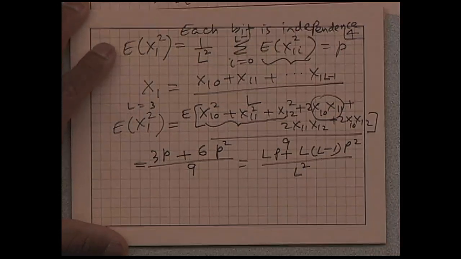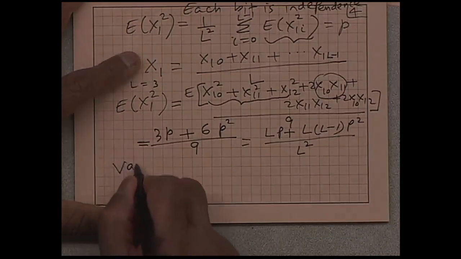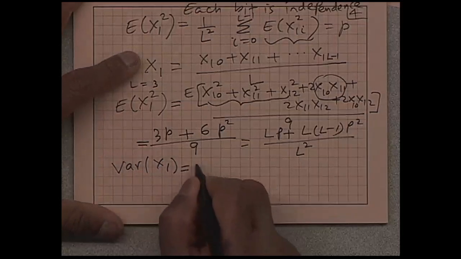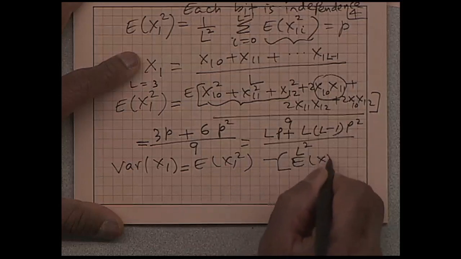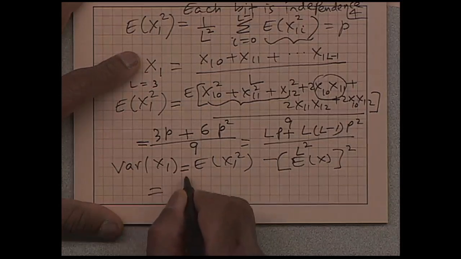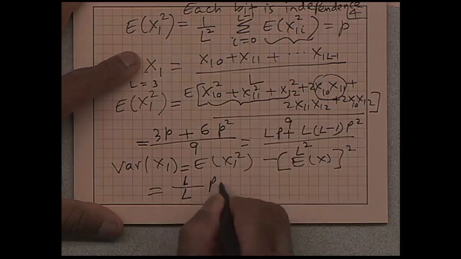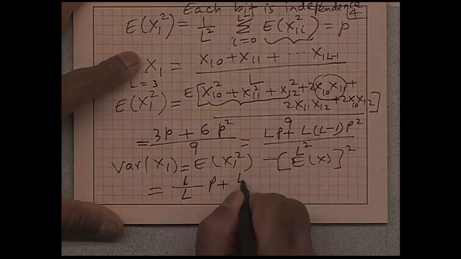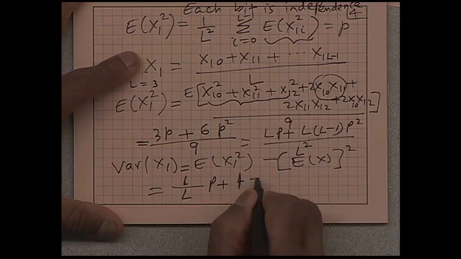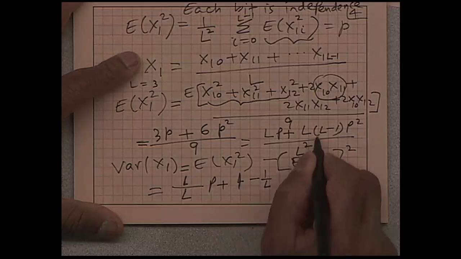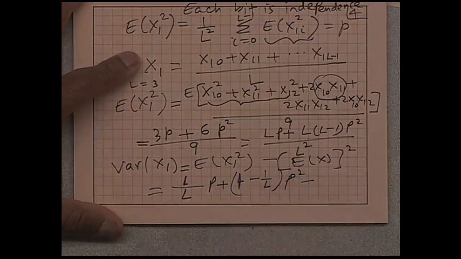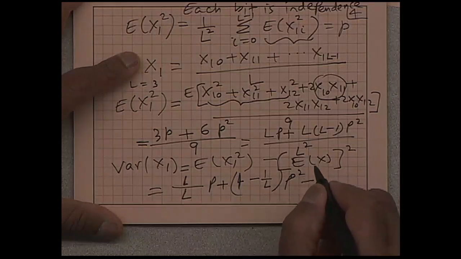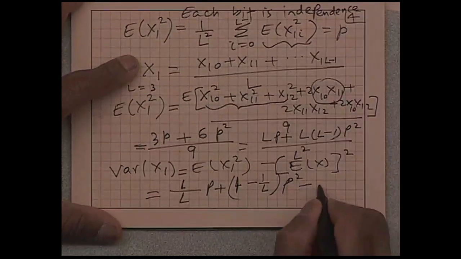So that's going to be the general value, and the variance of x1 is going to be the expected value of x1 squared minus the expected value of x1 whole squared. LP by L squared is 1 by L times P, plus L times L minus 1 by L squared is 1 minus 1 by L times P squared, minus the expected value of x, which is P squared.